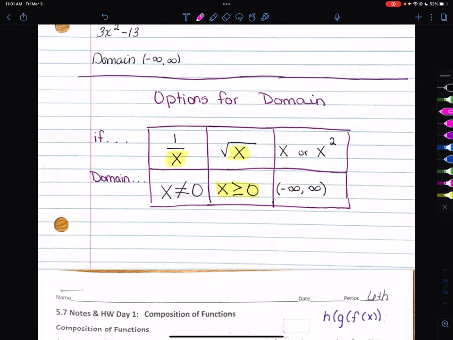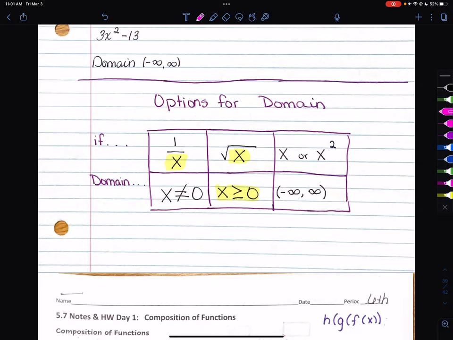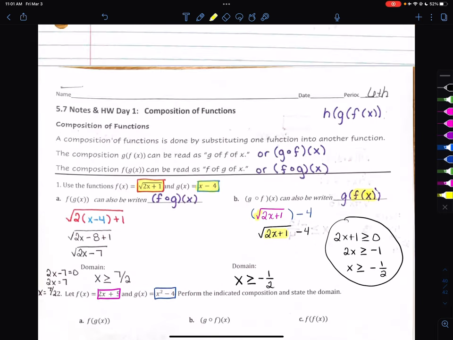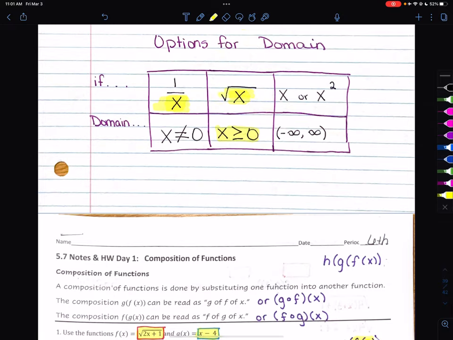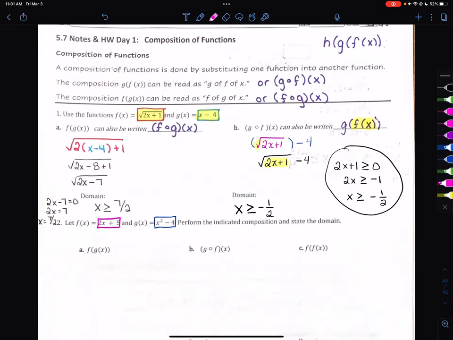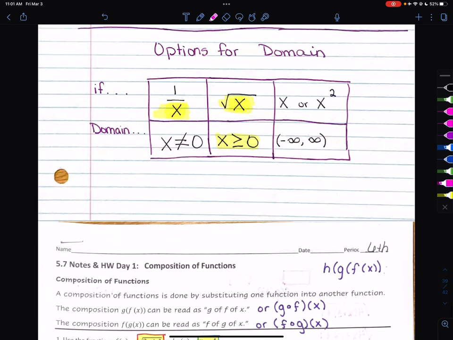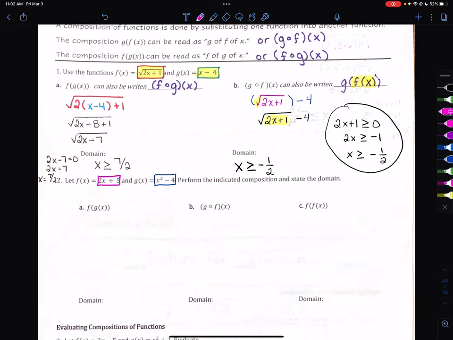When I go back to our table, 2x plus 5 is not in the denominator. 2x plus 5 was not under a radical. 2x plus 5 is actually a linear. So when it's linear, the domain is going to be -infinity to +infinity. So for 2x plus 5, the domain is going to pop up as -infinity to +infinity.